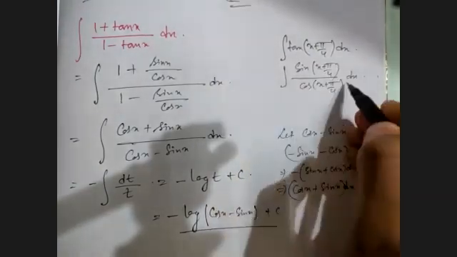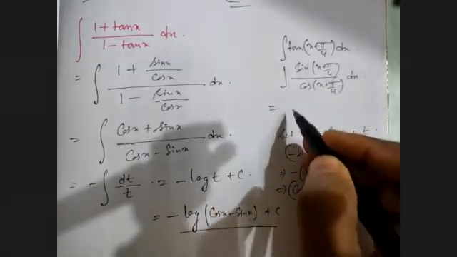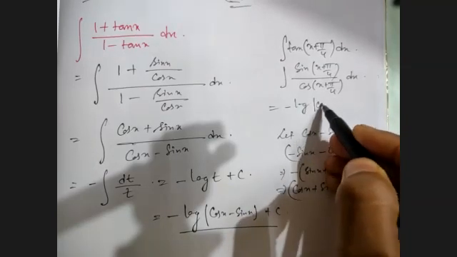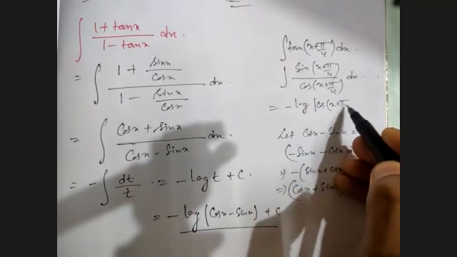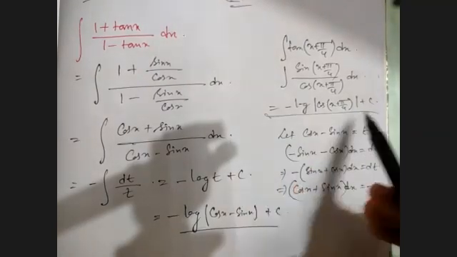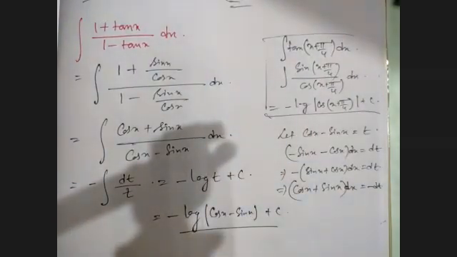Now d/dx of cos is minus sine. So this you can write as minus log cos of x plus pi by 4 plus c. This is also one answer. Okay, sir.